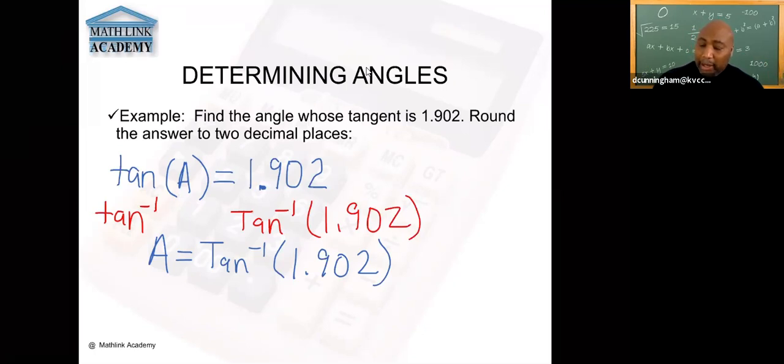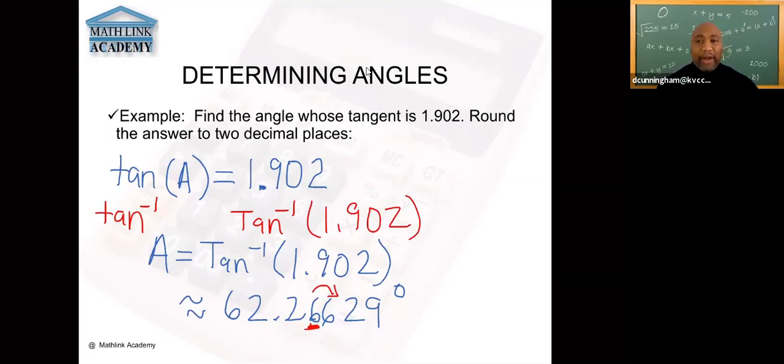Now, if I'm not mistaken, our angle should be approximately 62.26629, I believe, degrees. Again, we want to round the answer to 2 decimal places, so we want to stop here, at the second decimal place. We need to look at the third to see if it's 5 or greater, which it is. Then that first 6 will become a 7.